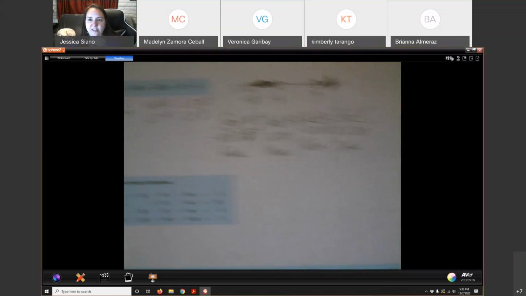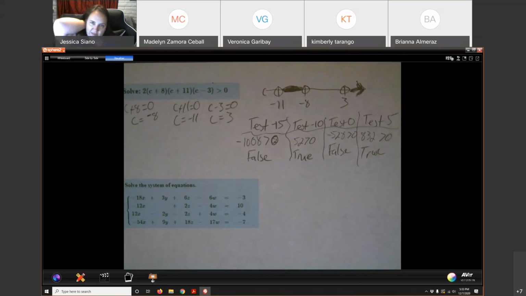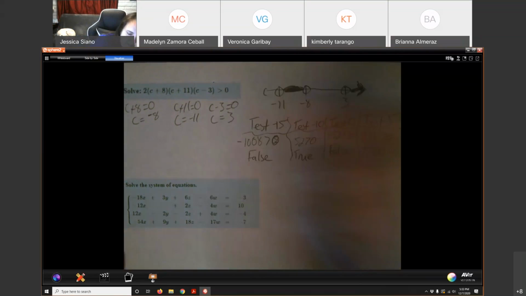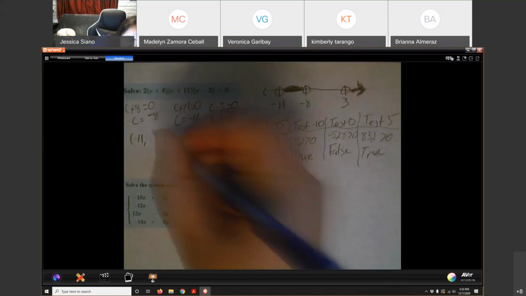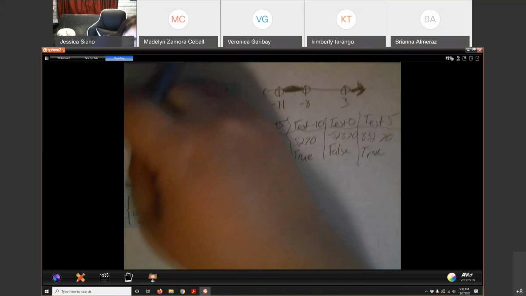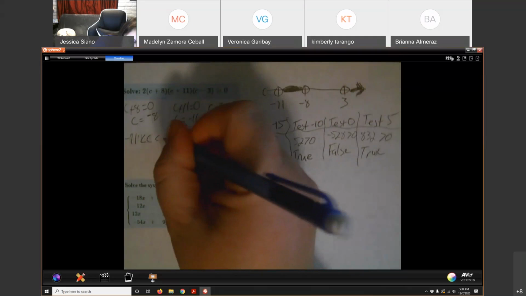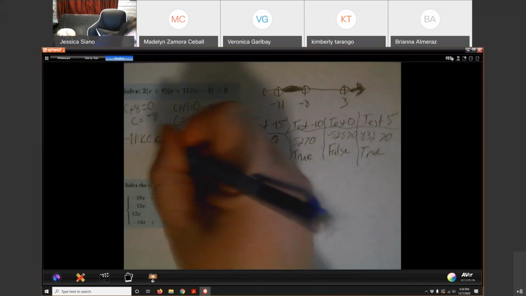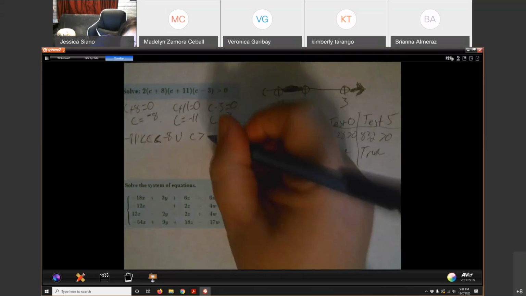And then my request to you is just to make sure that you double check and triple check what format they want this answer in. Because if they want this as an inequality, then you would say -11 is less than x is less than -8, and x is greater than 3. I was about to write interval notation.